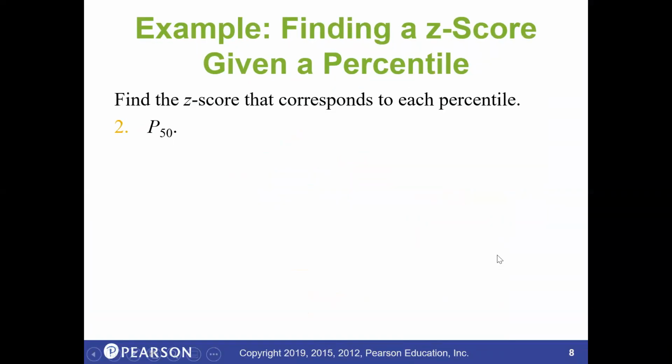Can you guys give me the z-score for the 50th percentile? All yours, have fun.